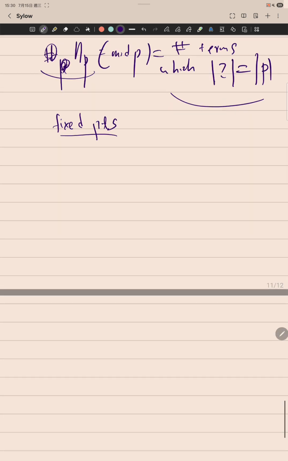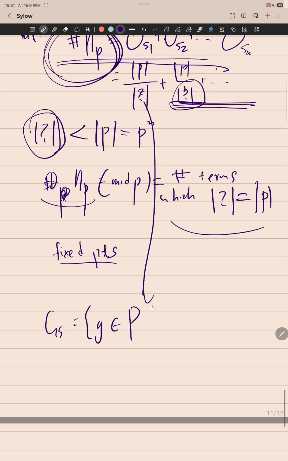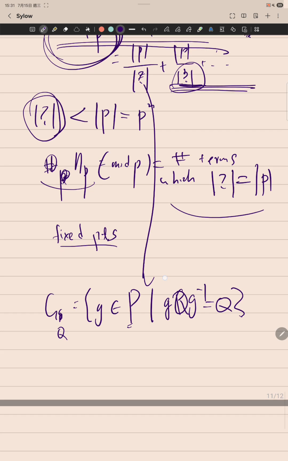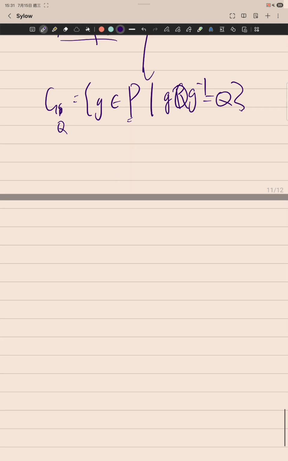Because this is so-called G, which is G in the group here, and it is P where G, let's say this is corresponding to Q. So G Q G inverse is Q. Okay. But now I'm sure that there exists one orbit, right?